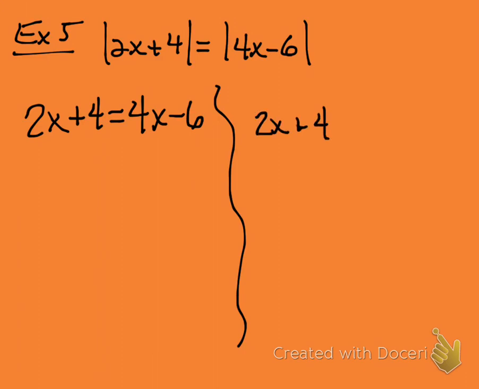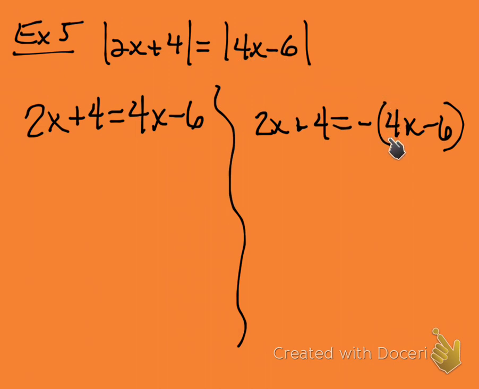But be careful of this. On this one, I have to do the opposite of one of these. So I could do the opposite of the 2x plus 4 or the opposite of the 4x minus 6. I generally do the opposite of the second one, but either way. I have to put a negative out front and put parentheses around it, because if I want the opposite of a binomial, I need to do the opposite of both.